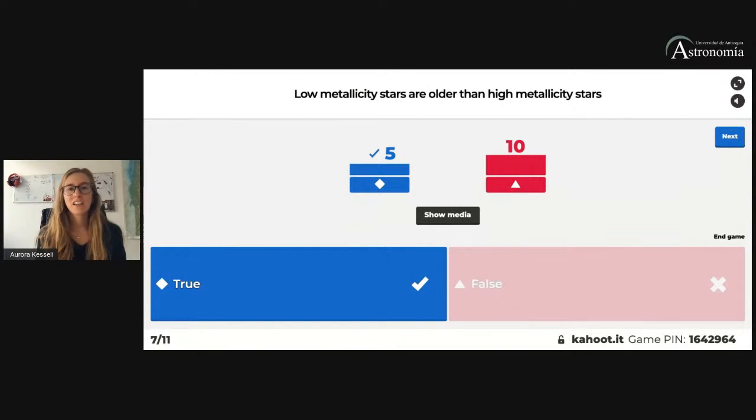That's actually true. So a star that has a low metal content, so low iron, is older than stars that have high metal content. Stars that are born more recently were born when the metal content of the galaxy was a lot higher, because there's been more time for supernovae and low mass stars and high mass stars to enrich the gas and the dust that these stars are formed out of. And so if the star has a low metallicity, then you know that it has to be a pretty old star.